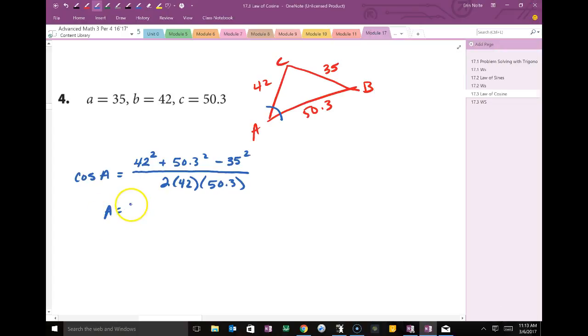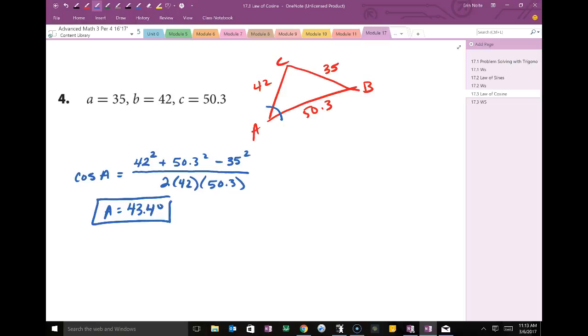So A will be 43.4 degrees. I probably on this section will only round to the tenth. If you round to the hundredth, I would not ever mark you wrong. If you are more accurate than the actual answer, then you're fine.